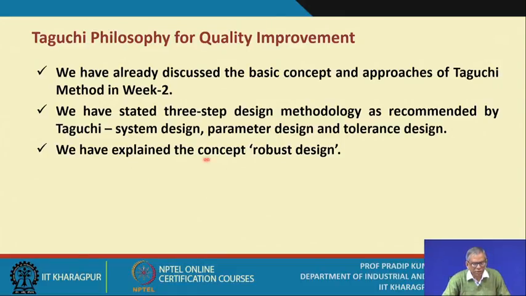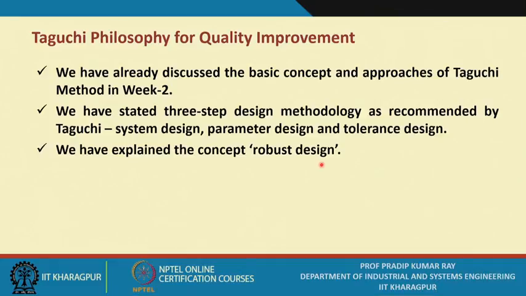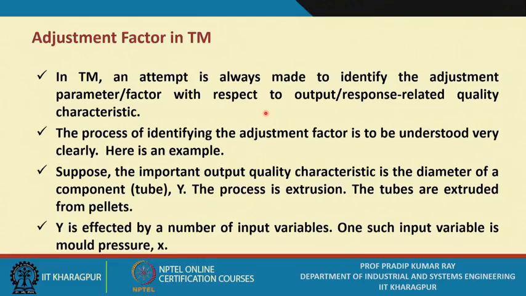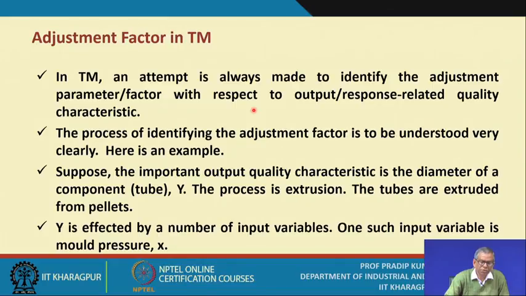We have already explained the concept of robust design. Now what is robustness? Let us again define robustness. You say a product is robust only when you create a condition in which the product performance or the product quality is virtually not affected, or even if there is an effect, this effect is minimum. The effect of what?